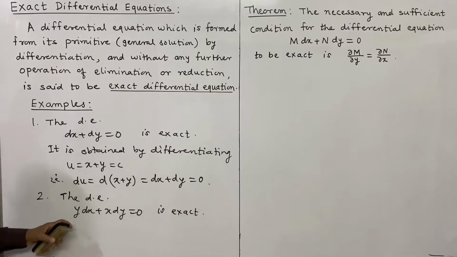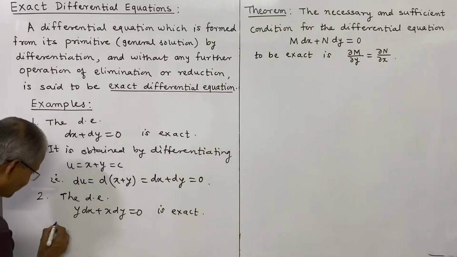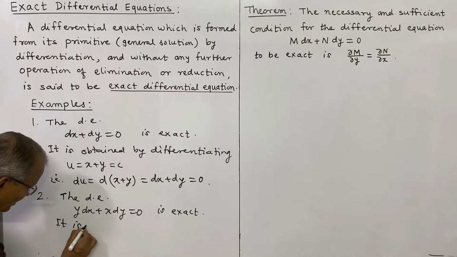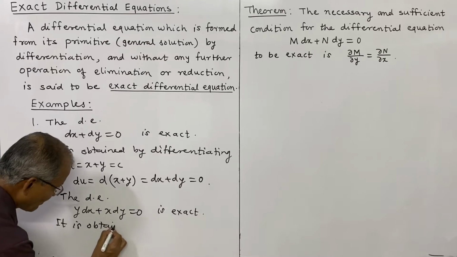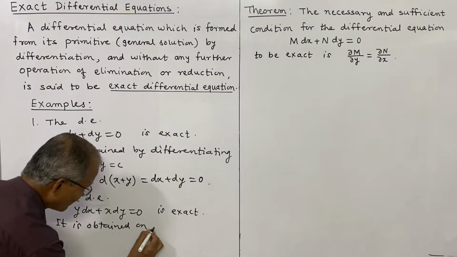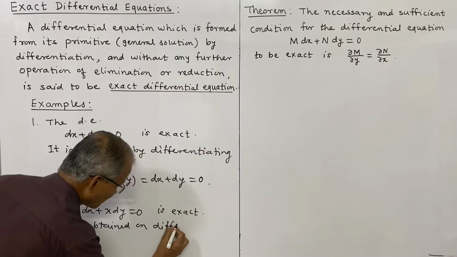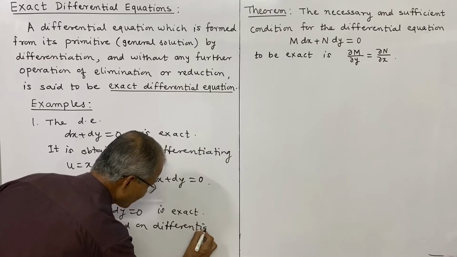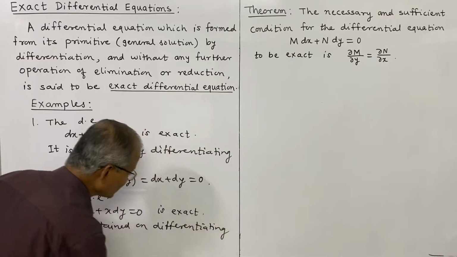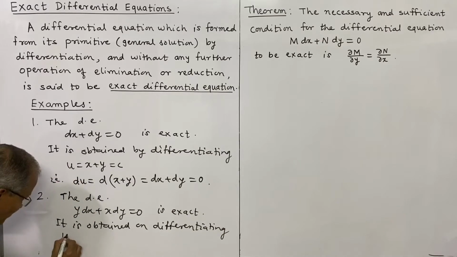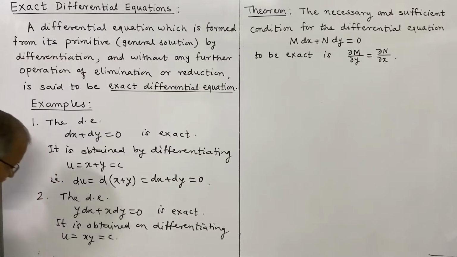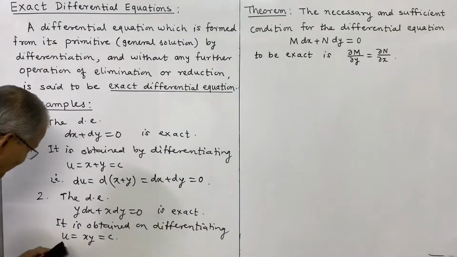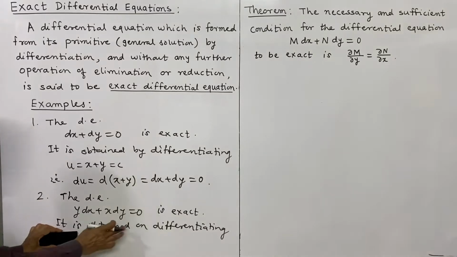Because it is obtained by differentiating the relation that may be considered as u is equal to xy is equal to constant. So some function of x and y that we are considering as u, or simply you can say it is obtained on differentiating xy is equal to c.